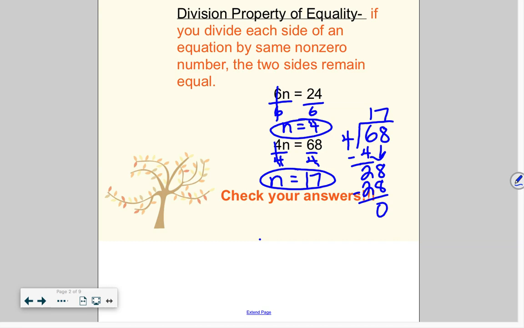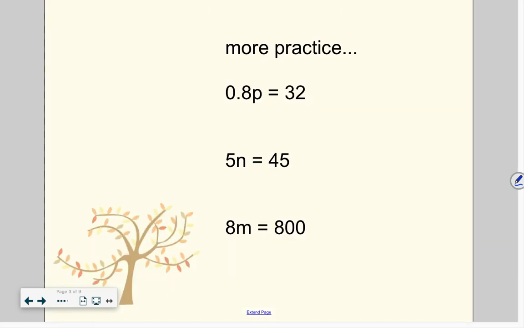Next question. 8 tenths P equals 32. What is the opposite of multiplying by 8 tenths? Divide by 8 tenths. So show that those cancel.